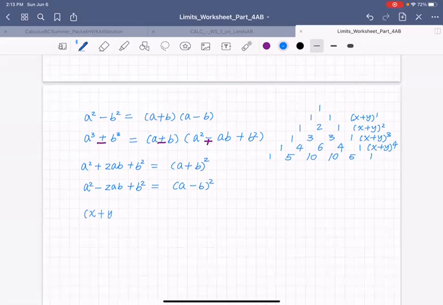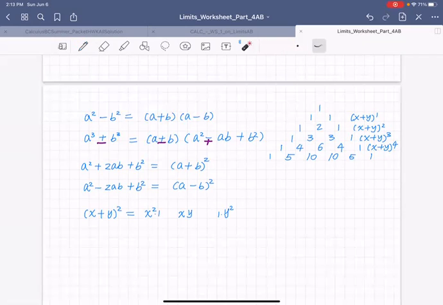x plus y squared equals, we start from the order of x, okay? We do x squared, and then x, and then x to the power 0, which is 1. We do from the right y squared, and then y, and y to the power 0, which is 1.